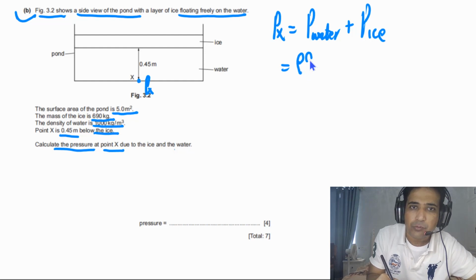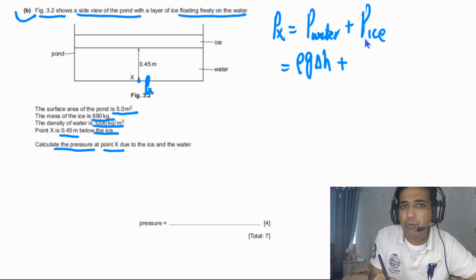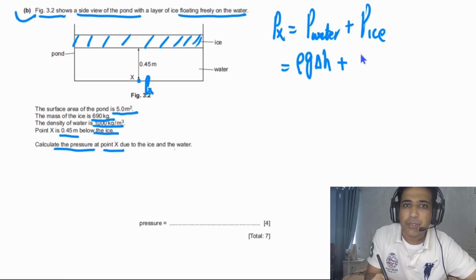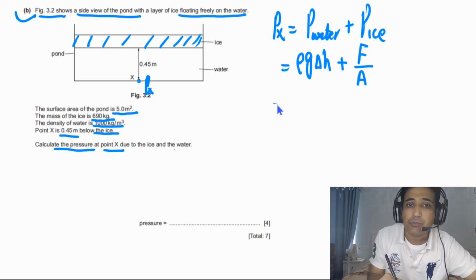So P due to water will be rho g delta H. And how about P due to ice? We have ice spread over this area. So if you need to find the pressure due to ice, it has to be equal to F divided by A. Now we simply need to plug in values. We have the density of water, which is equal to 1000.